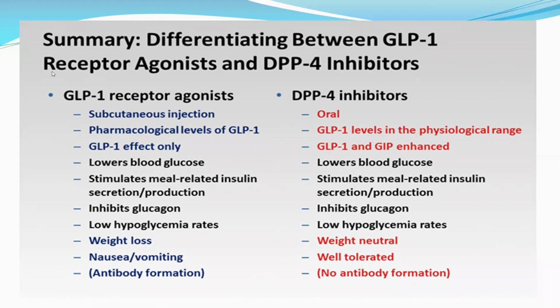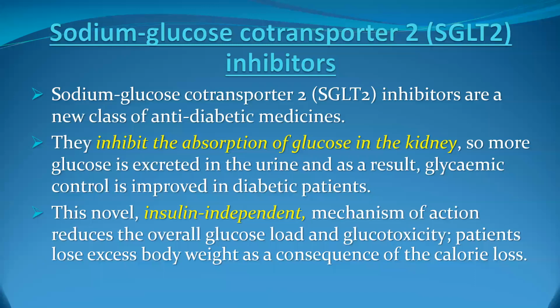The major difference is that dipeptidyl peptidase inhibitors are available in the form of oral tablets, but glucagon-like peptide receptor agonists are available in the form of injections. Now, one of the interesting new classes of medications used for treating type 2 diabetes is called sodium glucose cotransporter inhibitors.